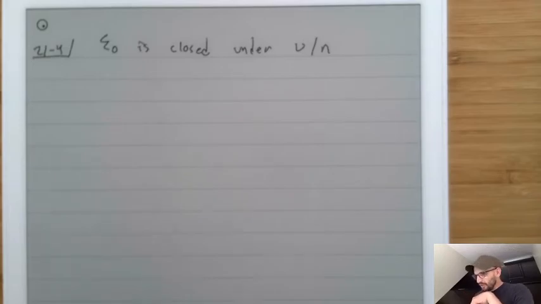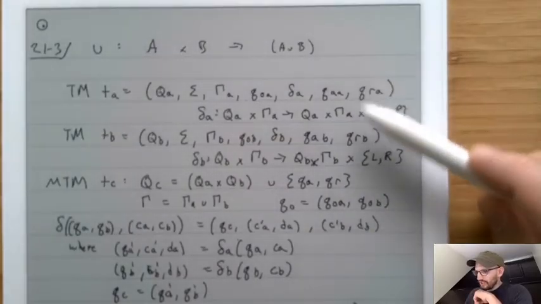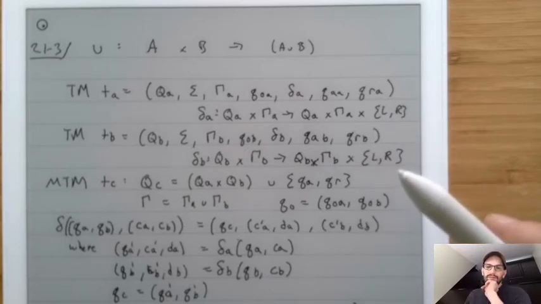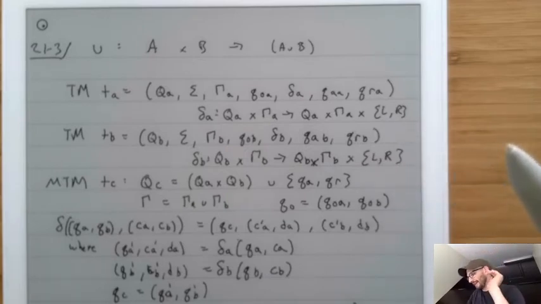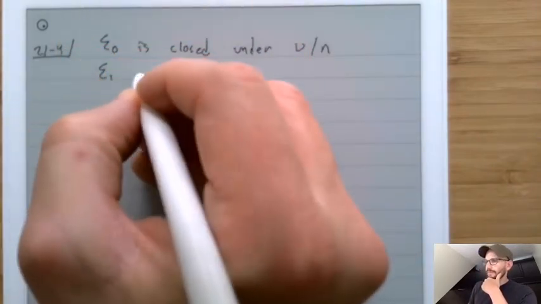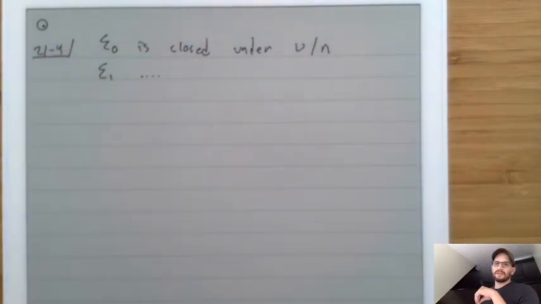Because we are assuming that each one of these Turing machines is a decider, which means that it never loops forever. But now what if, instead, one of them looped forever? What about sigma 1? Would it still work? Well, remember, if something is in sigma 1, that means it may loop forever if it would otherwise say no. So something is not going to say yes, and so it'll loop forever instead.